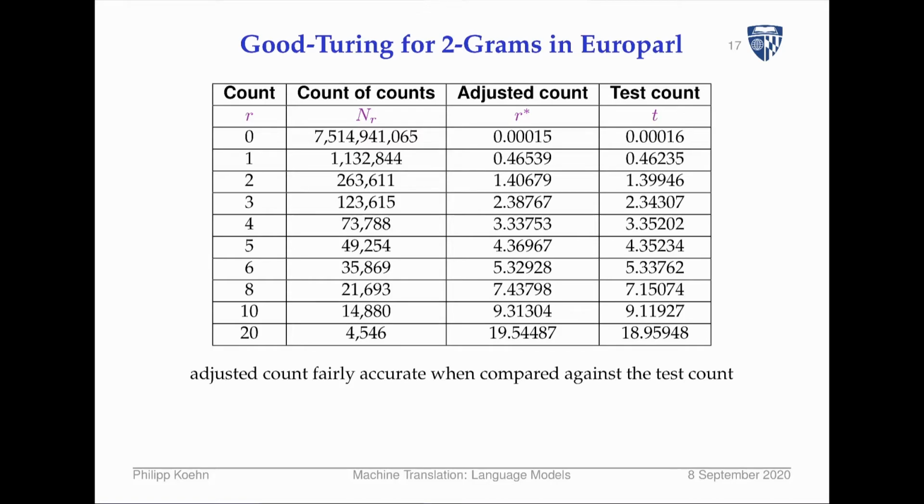So how well does Good-Turing smoothing work? It actually works impressively well. Here is basically the same thing we did for the +1 and plus alpha smoothing. On the right here, we have the test counts, on a held out test set. How well do we do? Here are the adjusted counts according to Good-Turing smoothing.